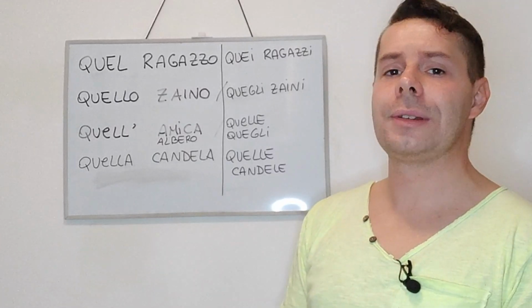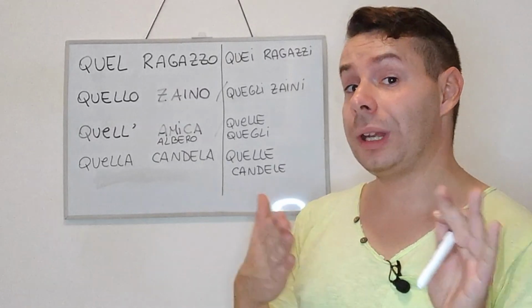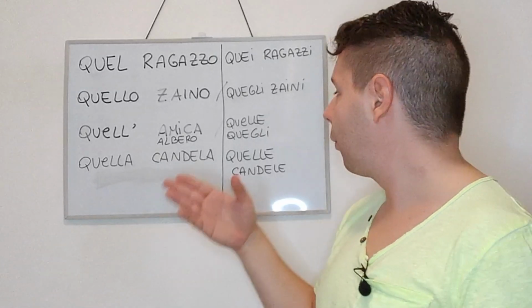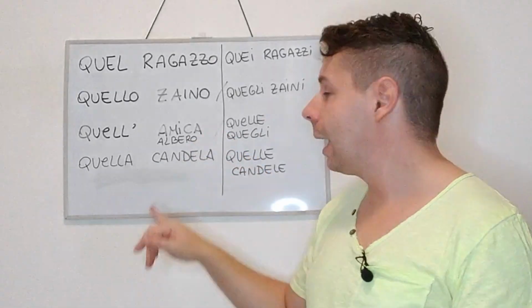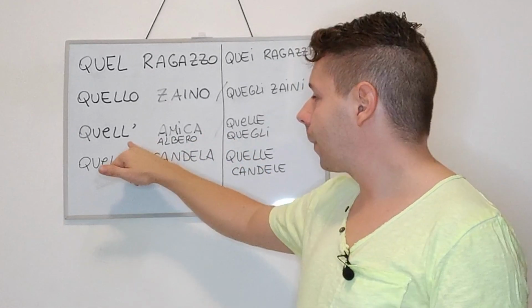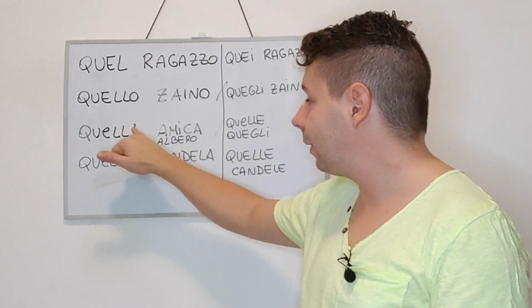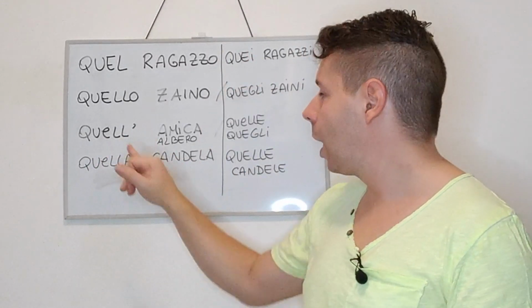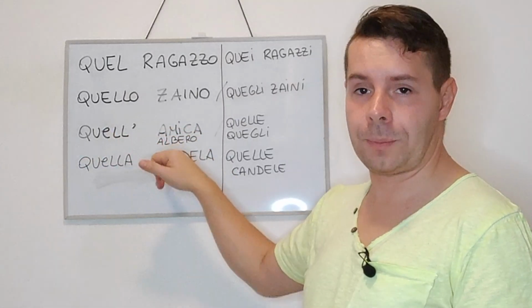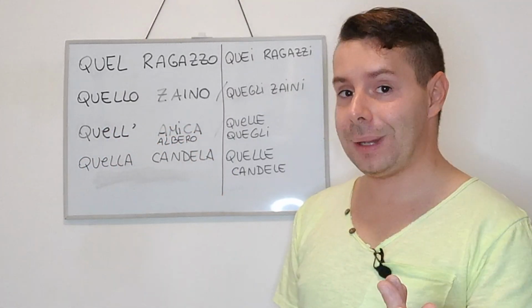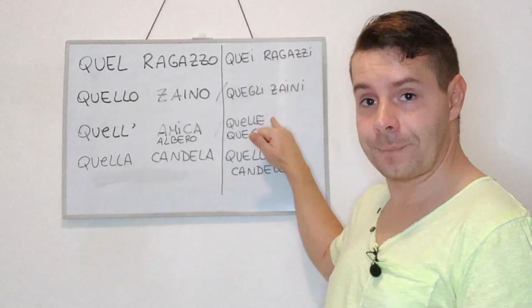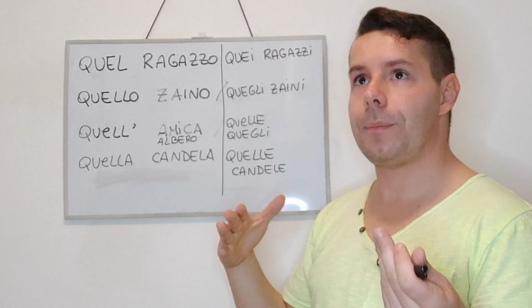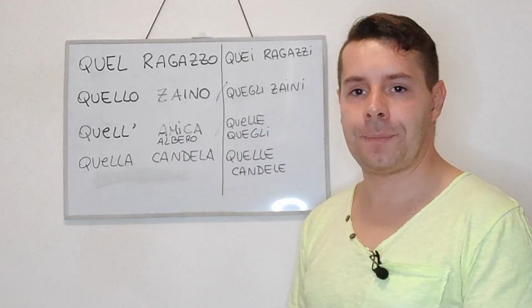Then you can also have nouns, which can be masculine or feminine, that start with a vowel. For example, amica, albero. In this case, quell'. So the last vowel is going to drop. Quell'amica, quell'albero. The plural, so if it's a feminine noun, quelle. If it's a masculine noun, quegli.